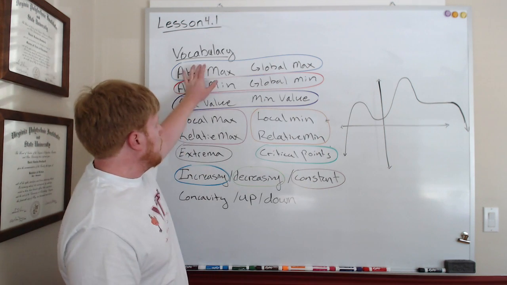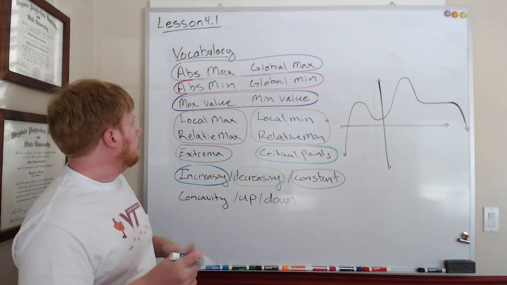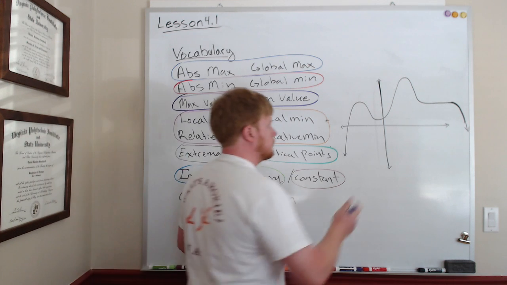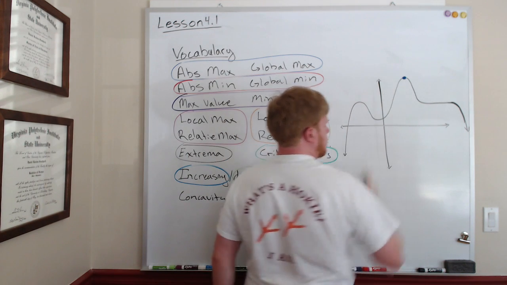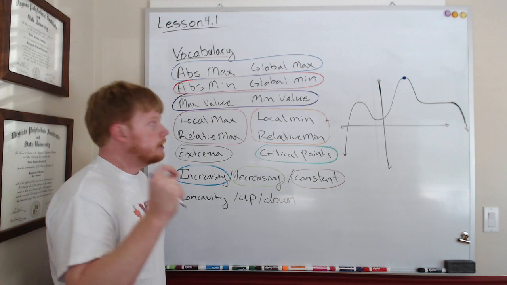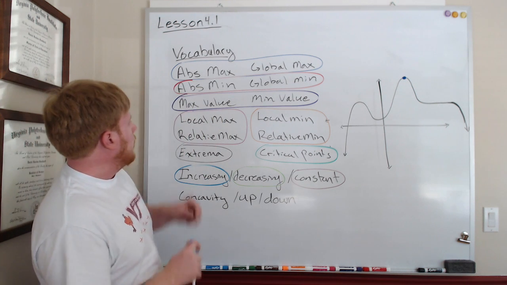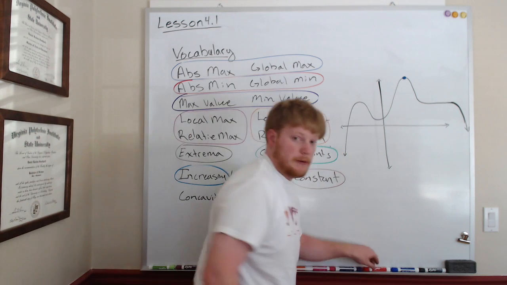So starting with absolute and global max. Two words mean the same thing. All it means is the absolute maximum value of this function. The largest value possible, or excuse me, the largest point possible. Absolute min, global min, same thing, but for minimum values.